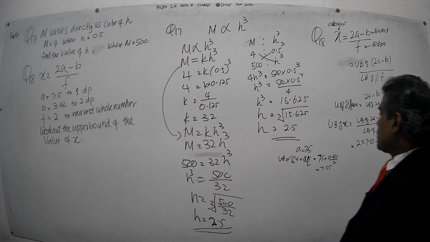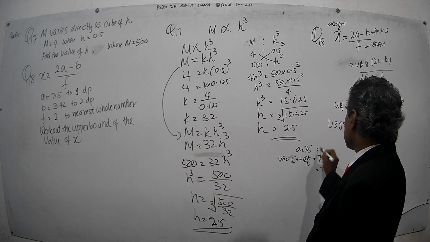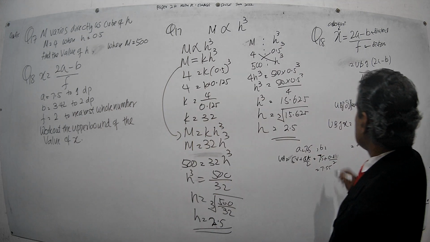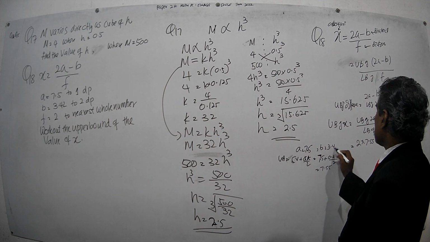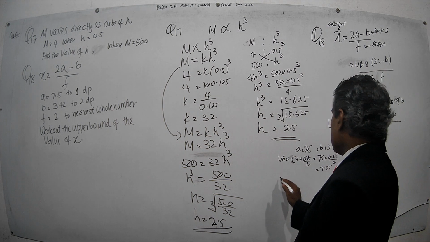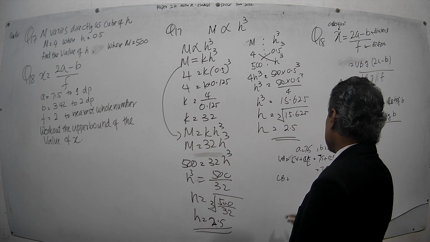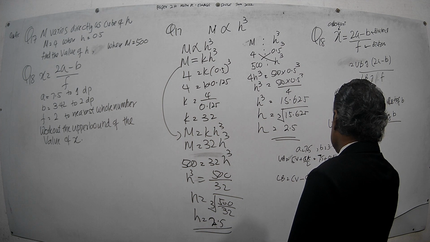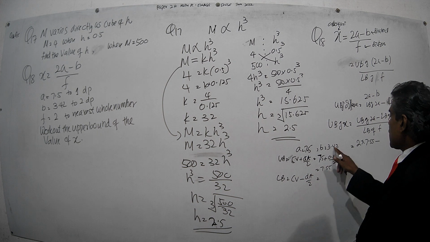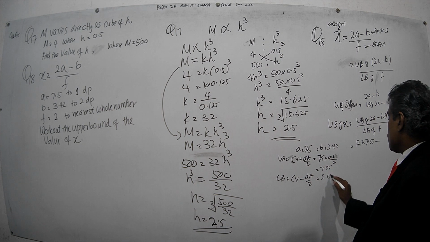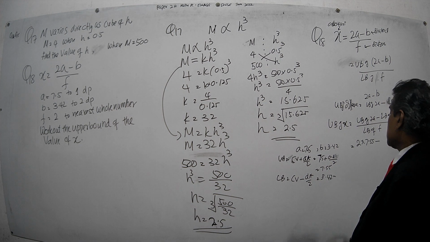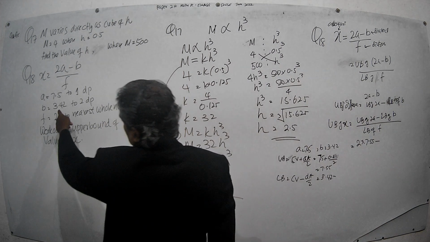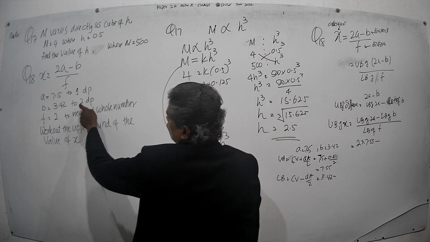It is very easy. The value of B they have given is 3.42. The lower bound formula is the corrected value minus the degree of accuracy over 2. The value of B is 3.42, correct to 2 decimal places.